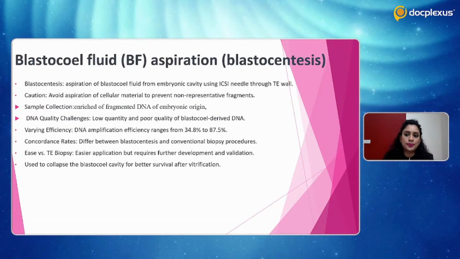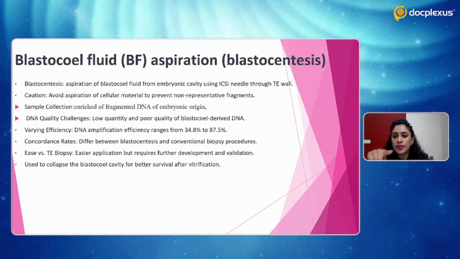So now let's talk about blastocentesis, or the blastocele fluid aspiration. Blastocentesis basically means that there is aspiration of the blastocele fluid from the embryonic cavity. Now you go through the trophectoderm wall, which is destined to form the placenta, and you use the ICSI needle.